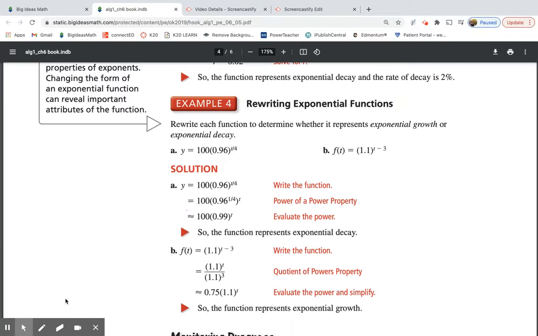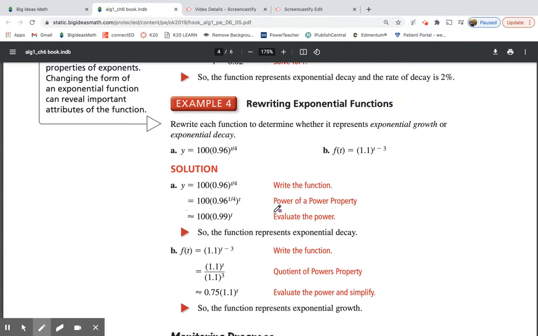With t over 4, we've done a lesson previously where that meant you have t as your exponent, but it's 1 over 4, which we know to mean the 4th root. So we just plug that inside the parentheses. So t over 4 is the same thing as 0.96 to the 1 over 4 raised to the t power.